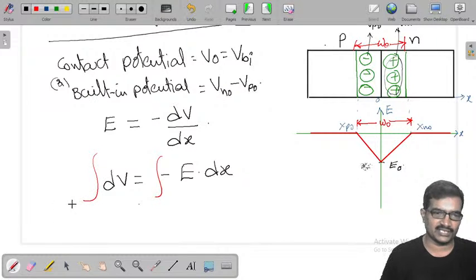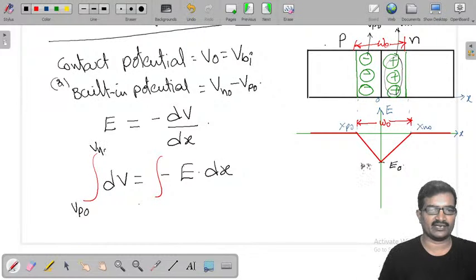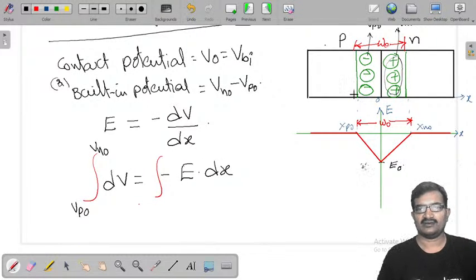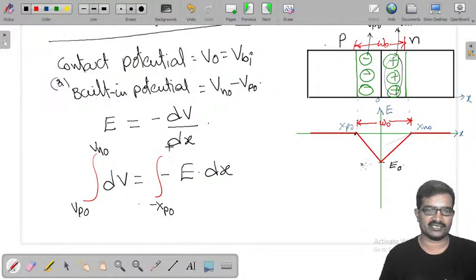P side potential is Vp0, N side potential is Vn0. Similarly, in the P side the depletion width extension is minus xp0, because your electric field plot started from minus xp0 and ended at xn0 in the N side depletion region.